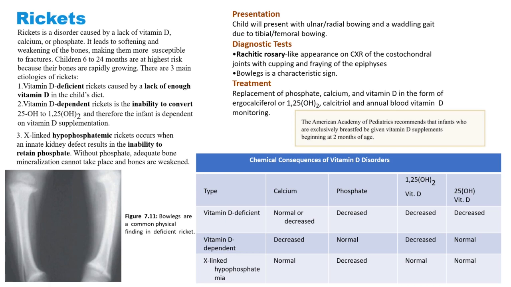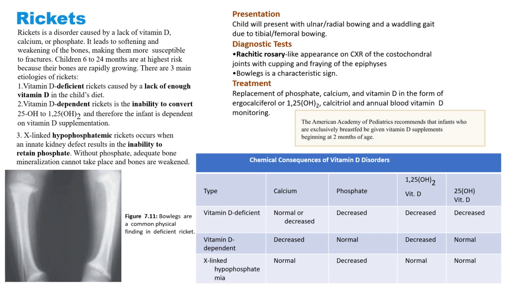And the last one, this is X-linked hypophosphatemic rickets, which occurs when a kidney defect results in inability to retain phosphorus. Without phosphate, adequate bone mineralization cannot take place, and bones are weakened.